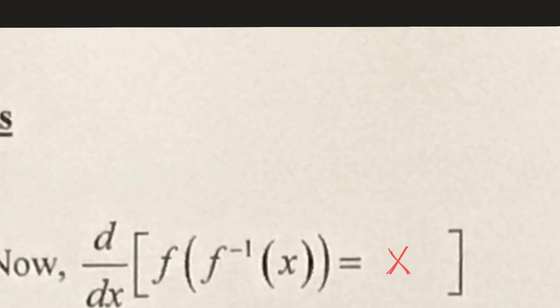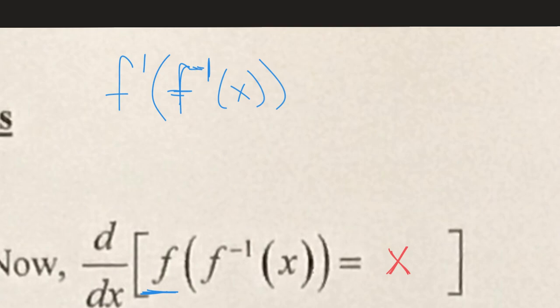We do the chain rule by taking the derivative of the outside function, f prime of f inverse of x, times the derivative of our inside.